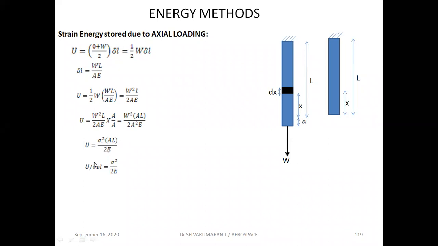Strain energy stored per unit volume is sigma square by 2E, which is the formula for strain energy stored due to axial loading. You can also write it as W square L by 2AE.